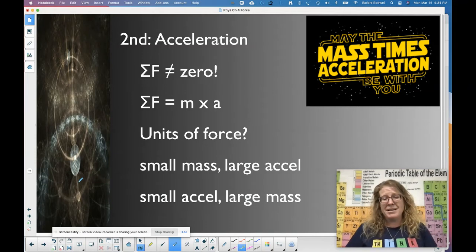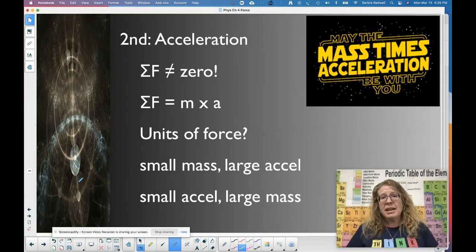Now, how much acceleration? Well, it depends on the amount of force you applied and the size of the object you apply it to. I don't know if you've ever been shot with a BB before, but a really small object traveling at a high rate of speed can impart a lot of force on you, right? A small mass with a big acceleration, moving quick, that hurts.